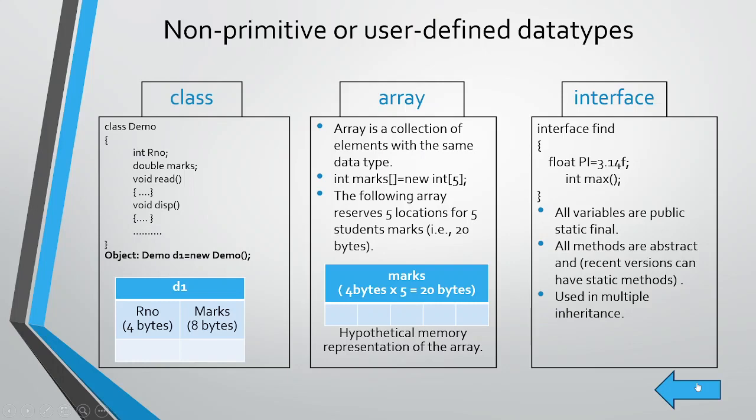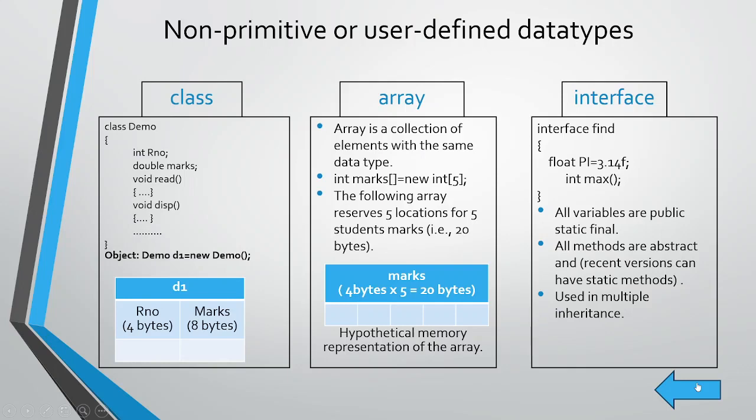Look at the class Demo, which has 2 variables as a part of it. New data type, first part is integer, second part is double. When we create an object, so far we have created so many objects using the GUI way.